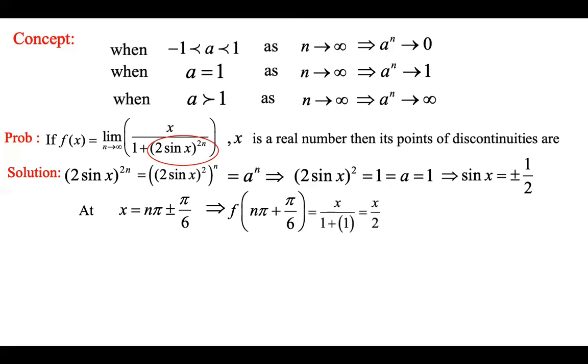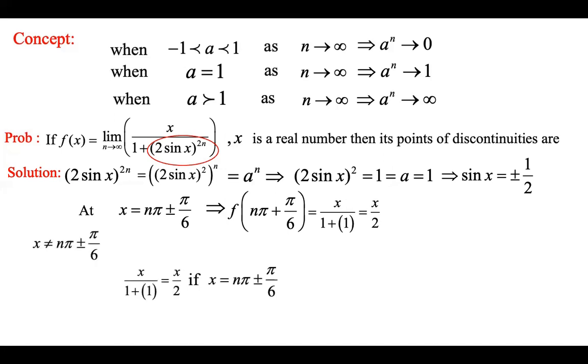Therefore, the function value will be x by 1 plus that red rounded part, which is replaced by 1 there, because a to the power n tends to 1. Then the function value will be x by 2. So the function value at n pi plus minus pi by 6 is x by 2.